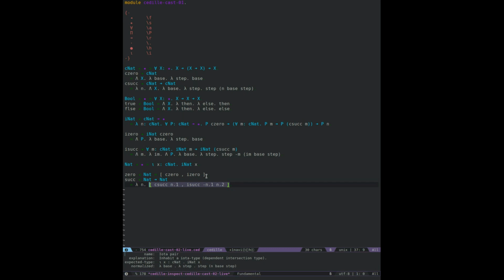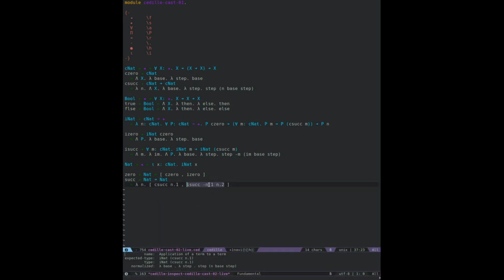The normalization of this intersection is lambda base step applied to n base step, which is exactly the erasure of the left-hand side and the right-hand side of the intersection.